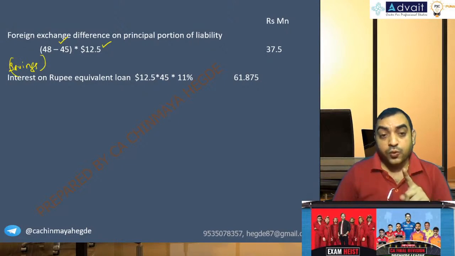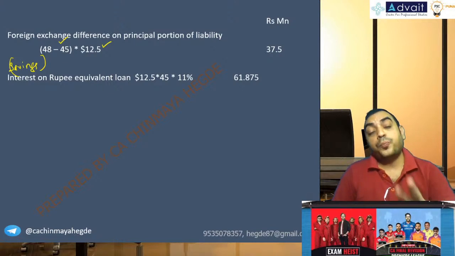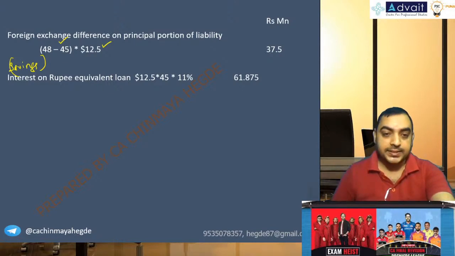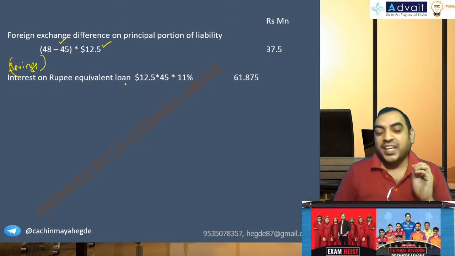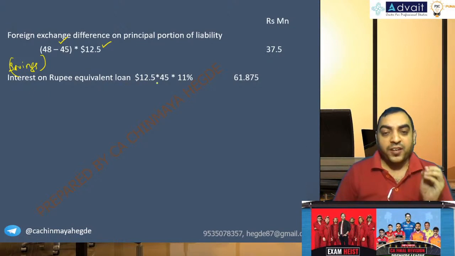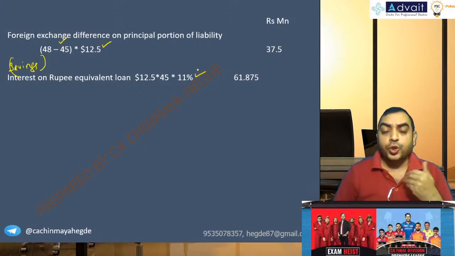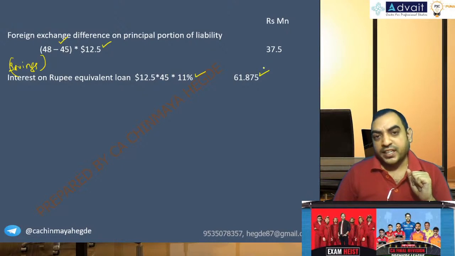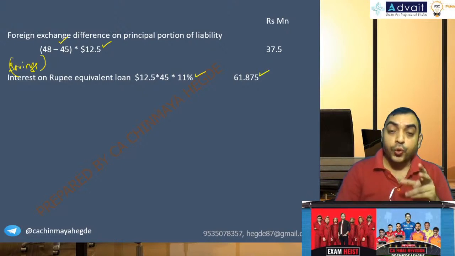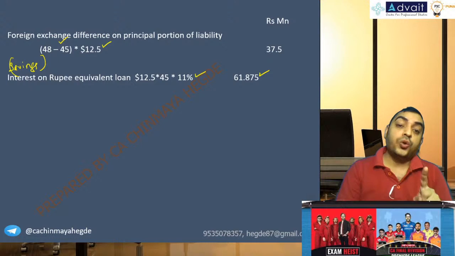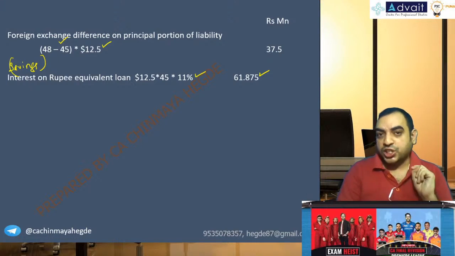Interest what you're paying now versus interest had you been paying on a notional basis. Interest on the rupee equivalent loan: 12.5 into 45, that was the beginning rate, and the Indian notional rate of interest would be 11%. You would have paid 61.875 million as loan interest had you taken the loan in rupee terms notionally.